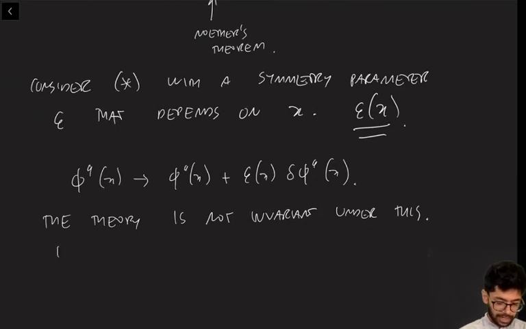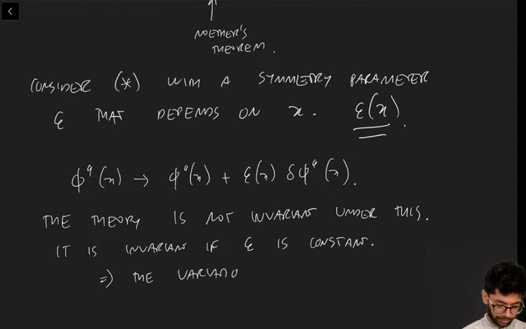However, it is invariant if epsilon is constant. And what that means is the variation of the action must be proportional to a derivative of epsilon, because that variation has to vanish when epsilon is constant.